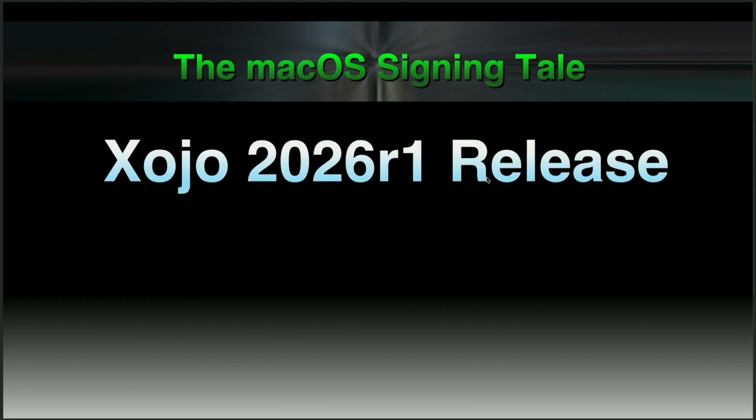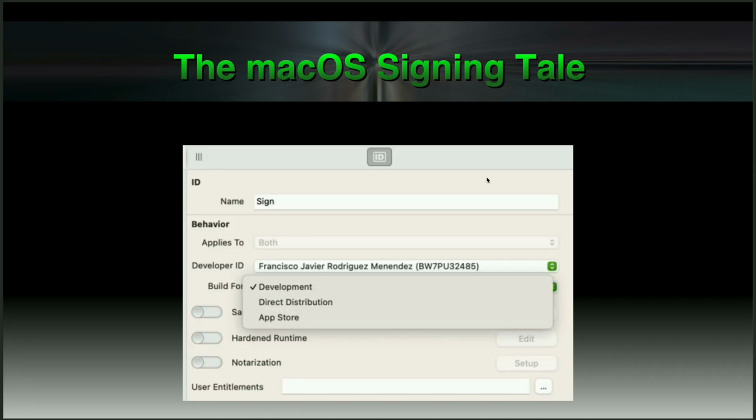Starting with the 2026 R1 release, we reworked all of this, so now we collect all the certificates that are installed in the computer and create teams around those certificates, so you only need to choose the team you want to use to sign your apps.